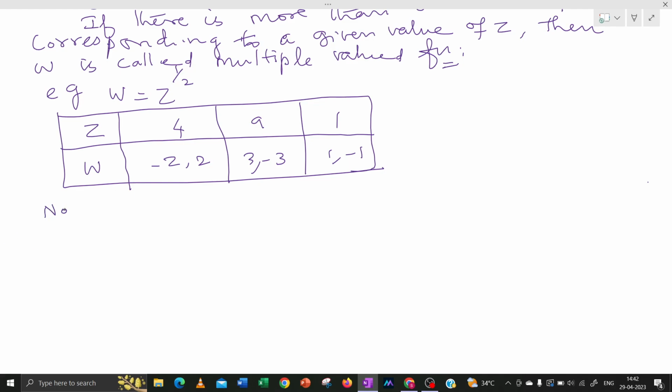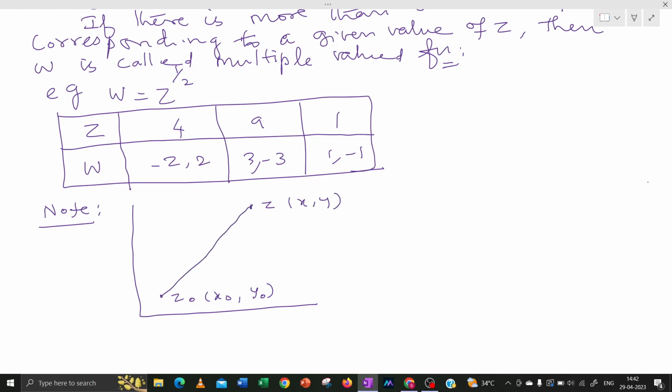Next important note, the distance between two points z and z naught. Z naught is x naught comma y naught, and the value of z is x comma y.